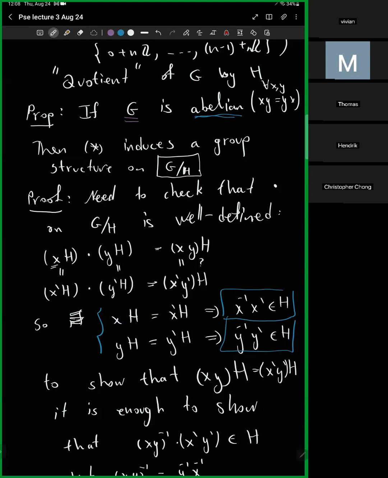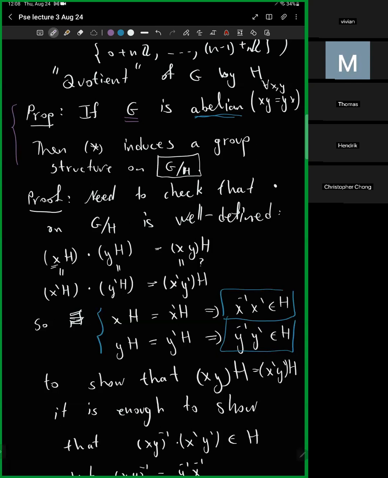In fact, even when G is not abelian, if H satisfies a condition called normal, then the same proposition holds. But for our purposes, we will almost only do quotient groups of abelian groups.